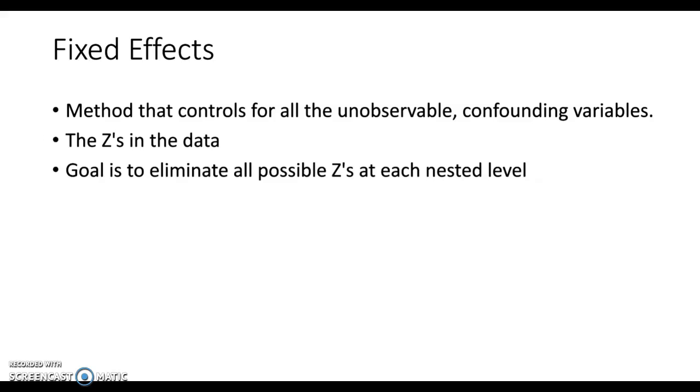Schools: all schools are different in some way, even within the same district, which may serve different students and family populations. And finally, grade level, where every student may have different content exposure and achievement benchmarks that tend to vary by grade level. The goal of fixed effects is to eliminate all the unobservable Z's at each nested level.